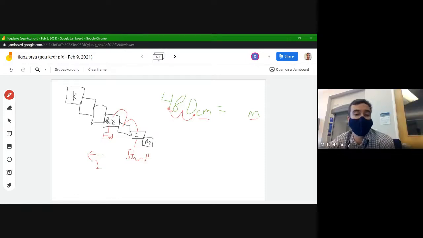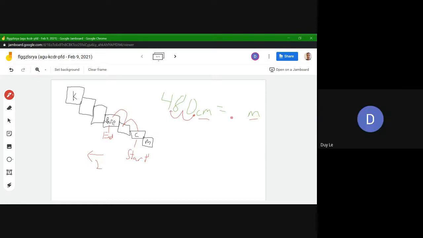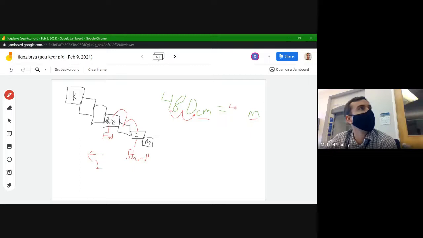So now we don't have 480 centimeters anymore. How many meters do we have? 4.80. 4.8, well, 80, but it's fine if we leave the 0 off. 4.8 meters.